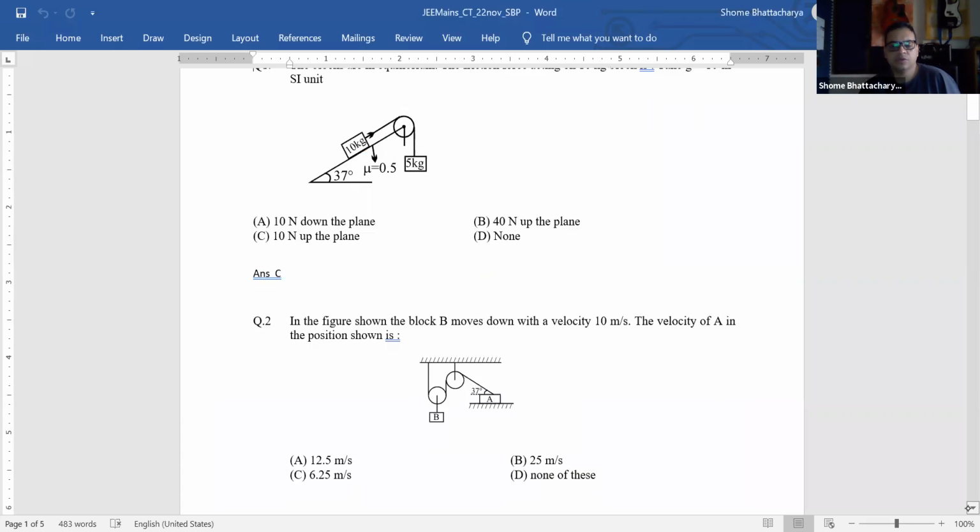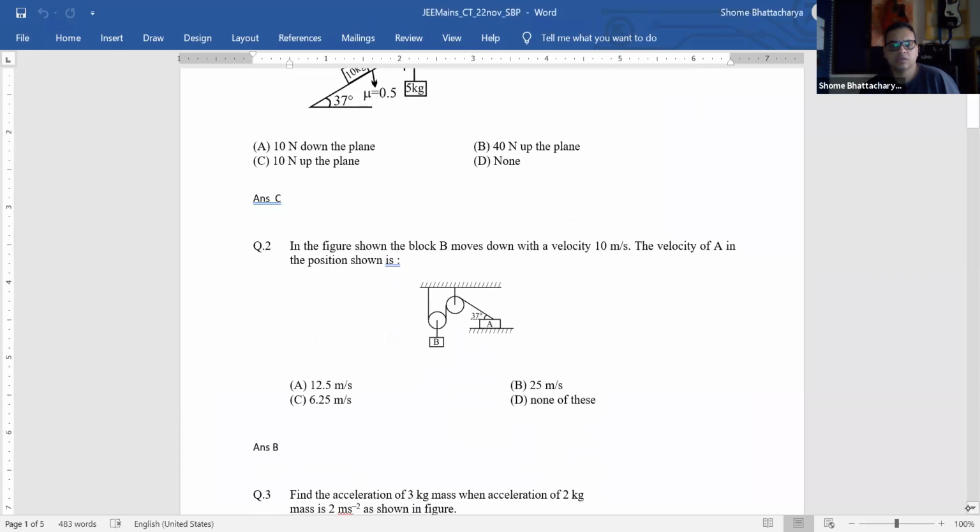So second question, you have to work out the velocity of this block given the other one has a velocity of 10 meters per second. Okay. Block B is moving down with a velocity of 10 meters per second. Block A will be moving in this direction with some velocity we have to find out. So in this we will use the virtual power method.